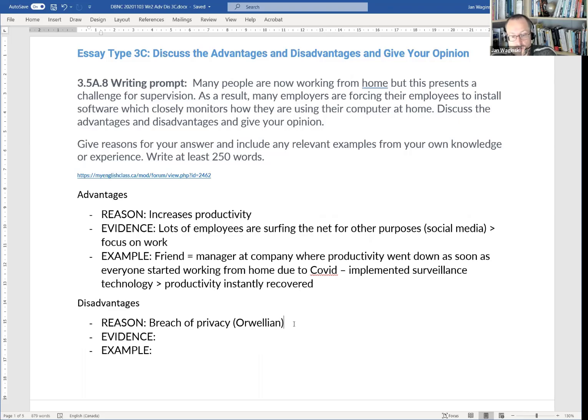Orwellian refers to Big Brother is constantly watching you. You've all seen Big Brother, right? The reality show? Yes. Okay. So Big Brother is from George Orwell. That's what he called it. Big Brother is always watching.